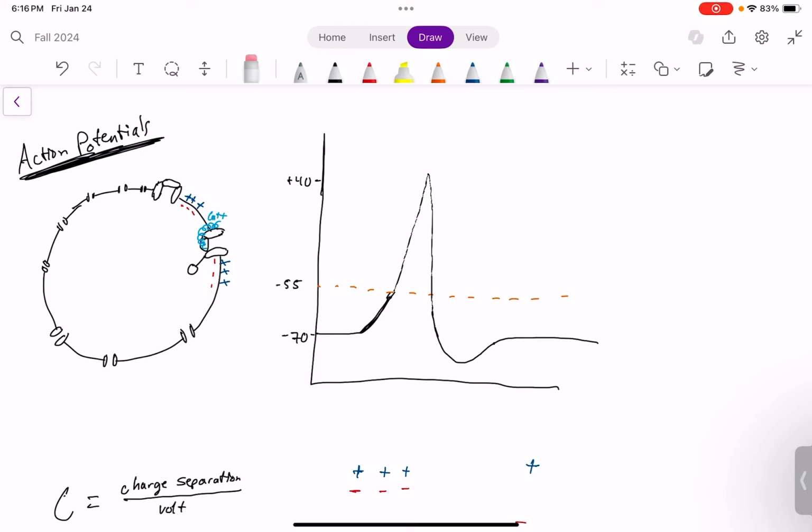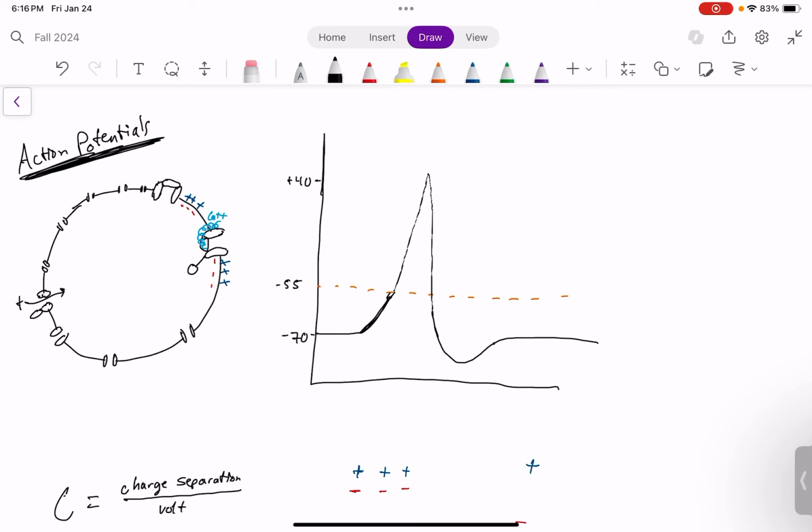So say that there was a mechanically gated channel right here, and whenever someone touched you, that pushed on the cell, thus affecting this mechanically gated channel and makes it open, and then a bunch of positive charges rush into the cell.